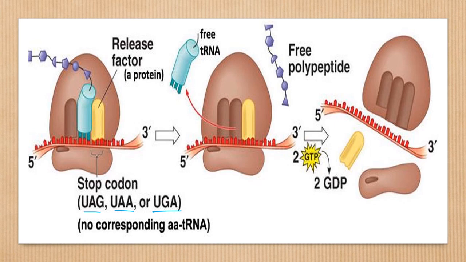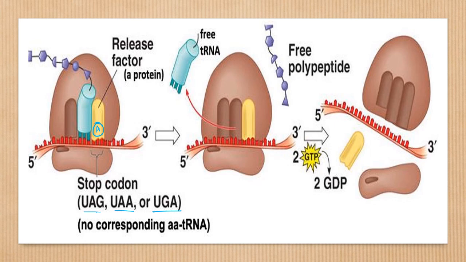When this codon is present in the A site, it alters the function of the peptidyl transferase enzyme. Generally, the enzyme helps to form the bond between the amine group of one amino acid and the carboxylic group of another amino acid to form the peptide bond. That is the function of the enzyme.